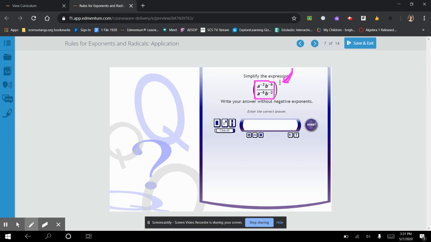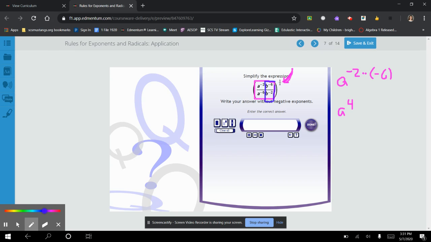So if I focus on my A's, I've got a to the negative 2 divided by a to the negative 6. Or if I write out exactly what's going on, I've got negative 2 minus a negative 6. If you put that in your calculator real quick, negative 2 minus a negative 6, that's going to give us a positive 4. So I've got a to the positive 4th, and then I'm going to do the b value next.